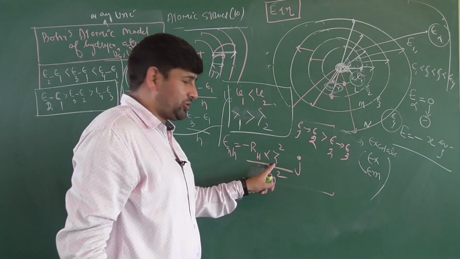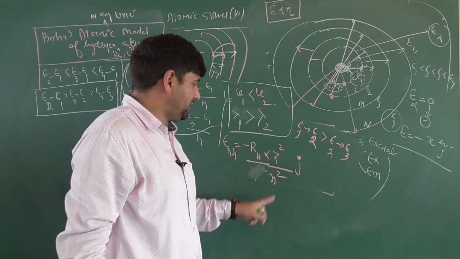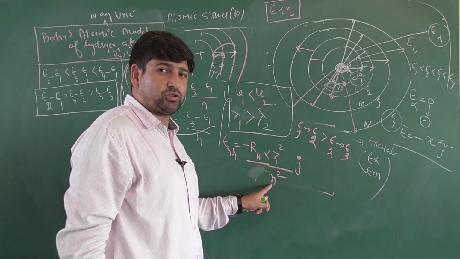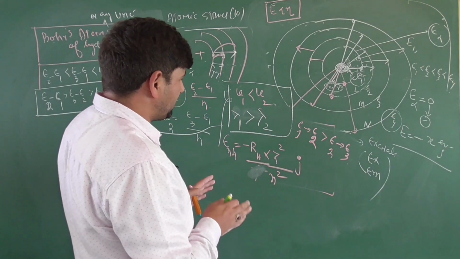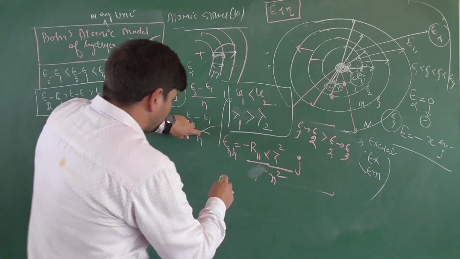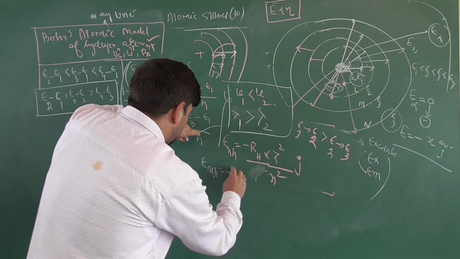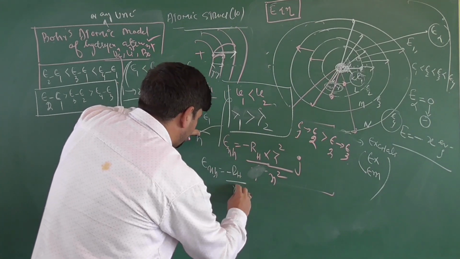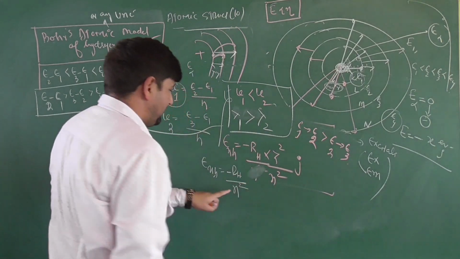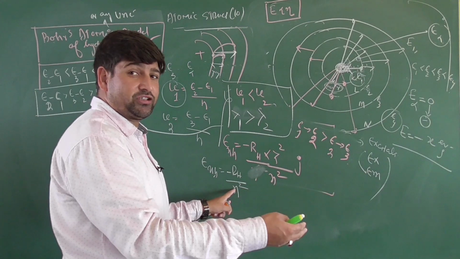We know for hydrogen, Z is the atomic number 1. So for the hydrogen atom, we will write the energy of the nth orbital equals minus RH by n square, where n is the energy level in which the electron is present.